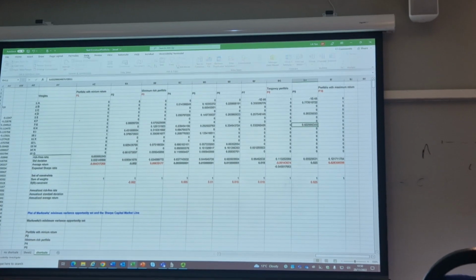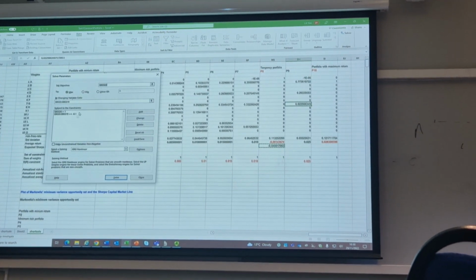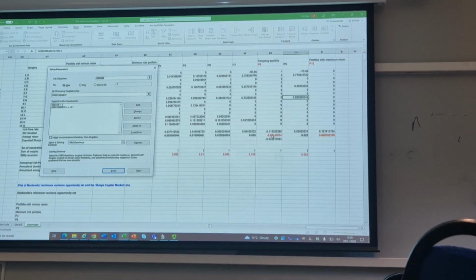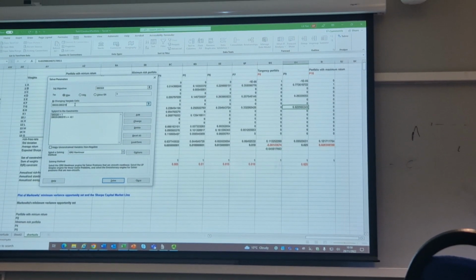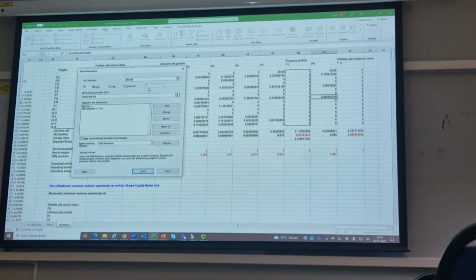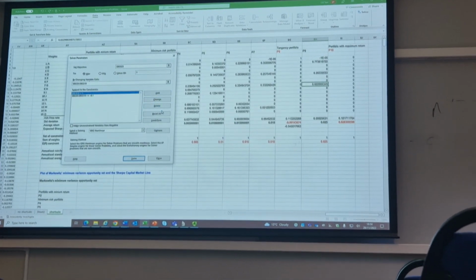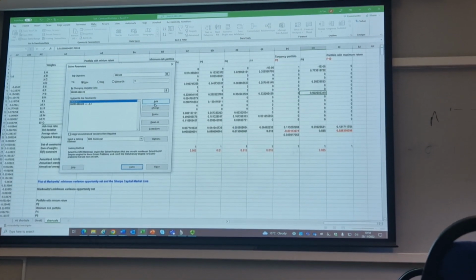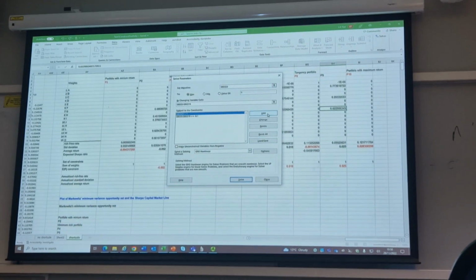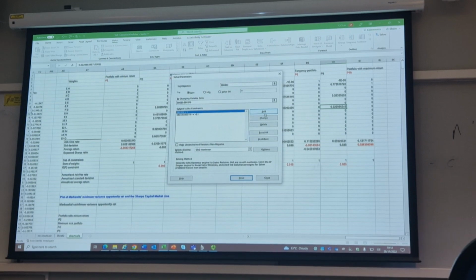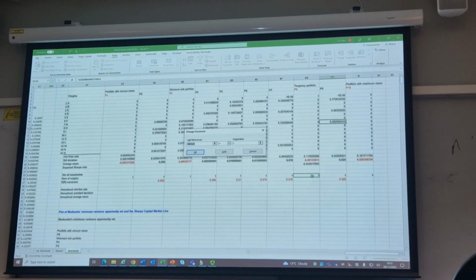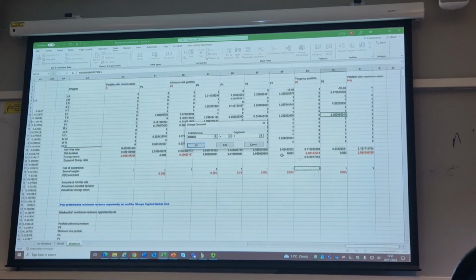To construct this portfolio, the objective, of course, is to maximize the Sharpe ratio, and the changing variable cells are still the weights of these assets. Then the constraints. Previously we learned that the constraint for constructing a portfolio is that the sum of the weights equals 1. This is what I just set.